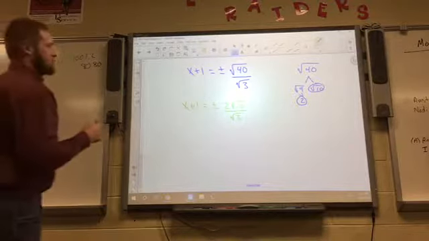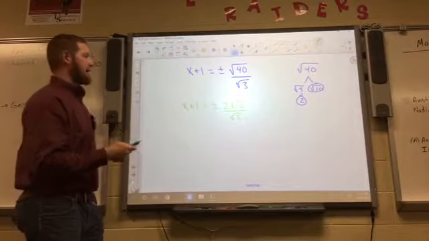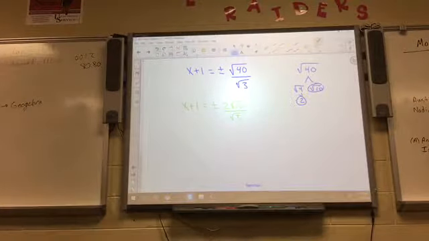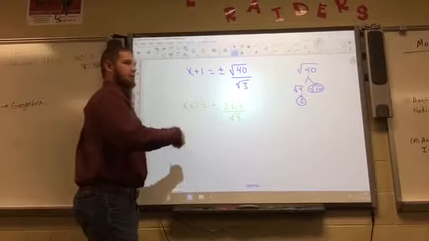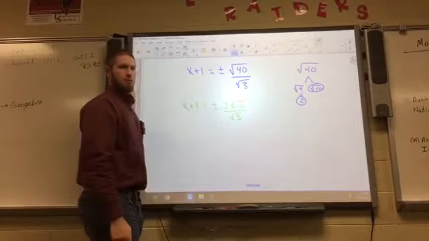We are going to do what's called rationalizing the denominator. Right now, the square root of 3, that's an irrational number. It cannot be written as a fraction. So, we're going to turn it into a number that is rational. Meaning, I got to get rid of the square root.